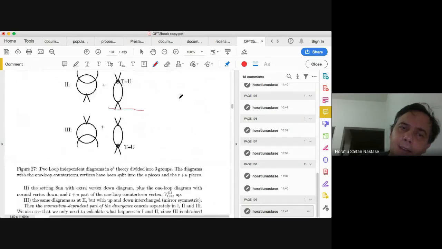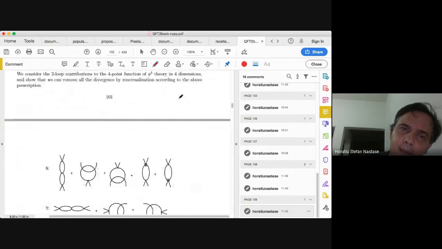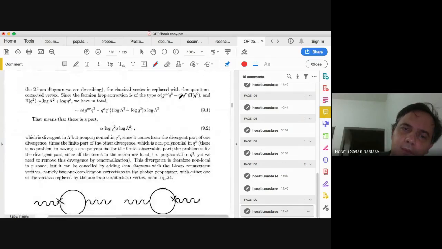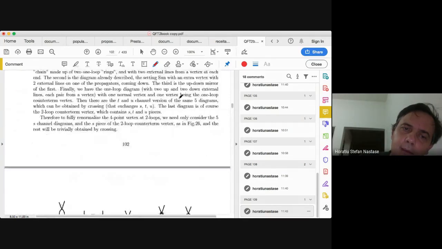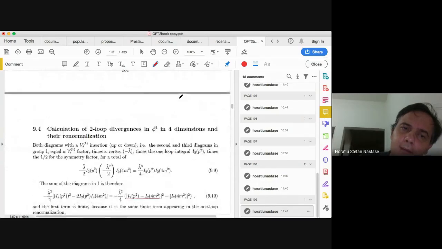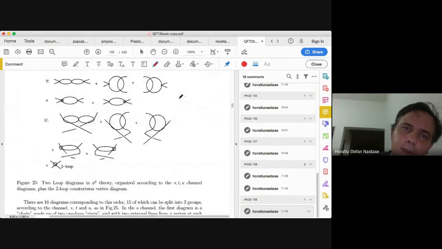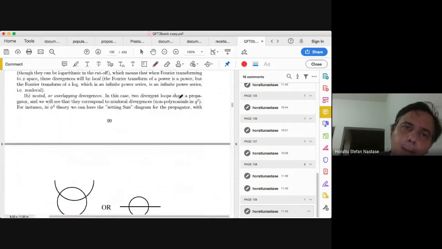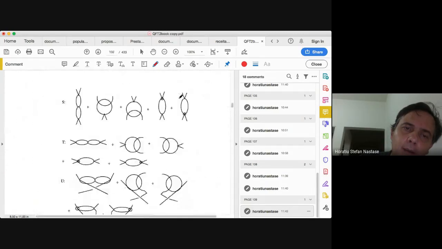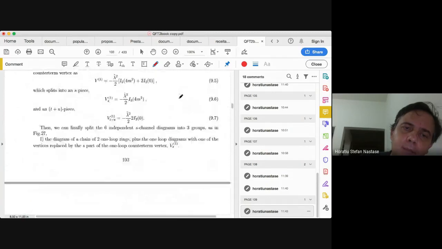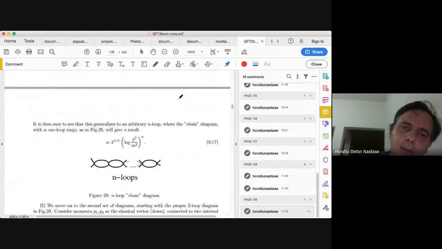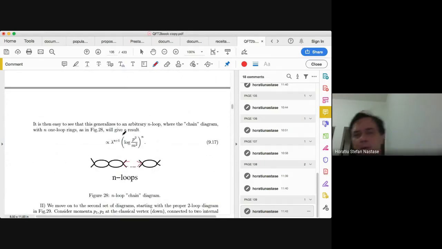And finally, the only thing to say is that the same thing generalizes to higher loops. In general, we find this kind of powers of logs.